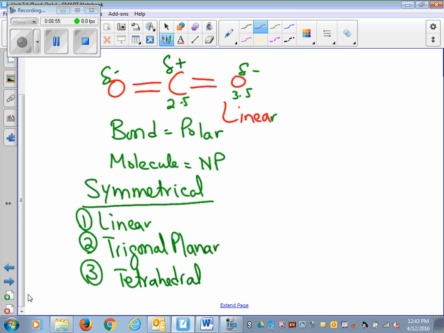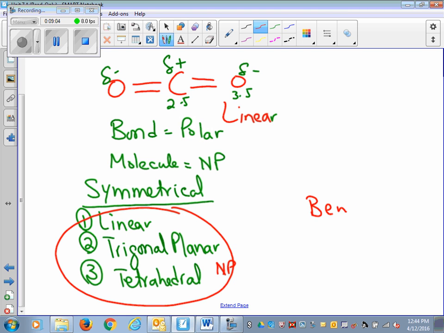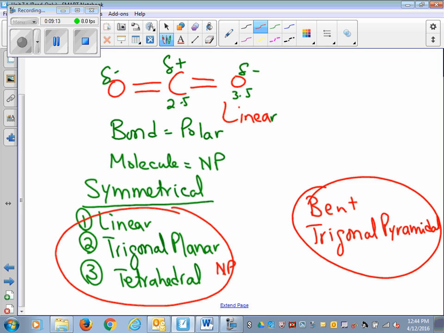These three will always be non-polar. And bent and trigonal pyramidal will always be polar.